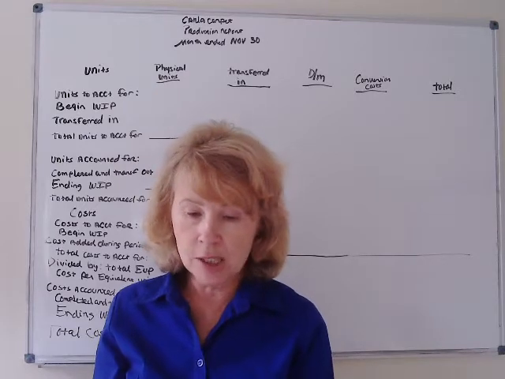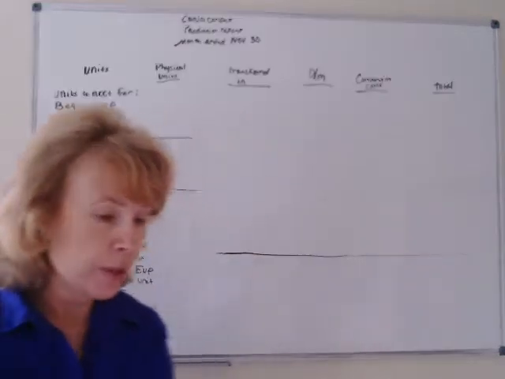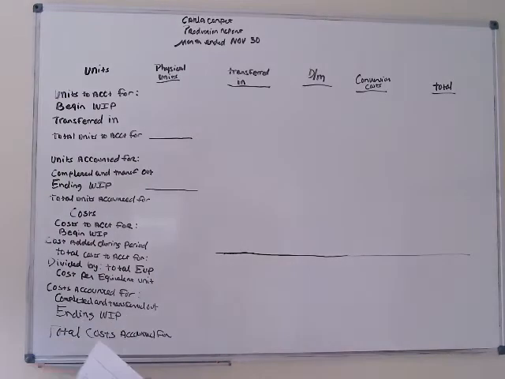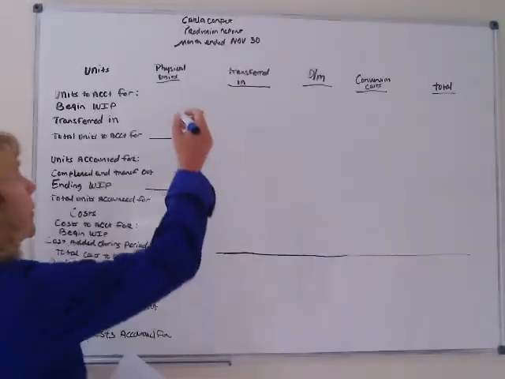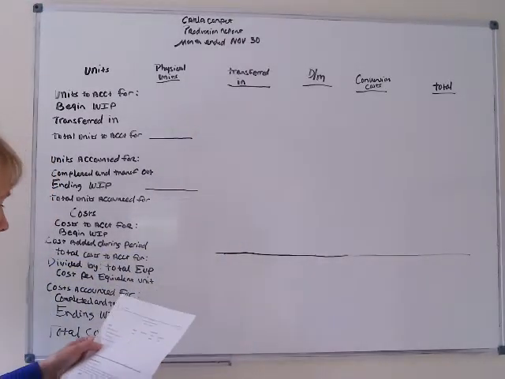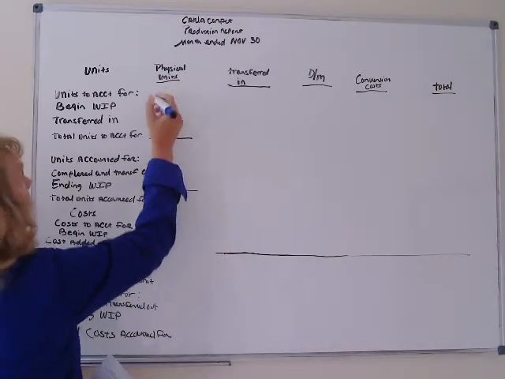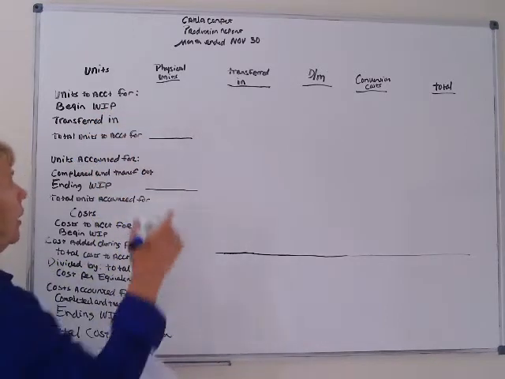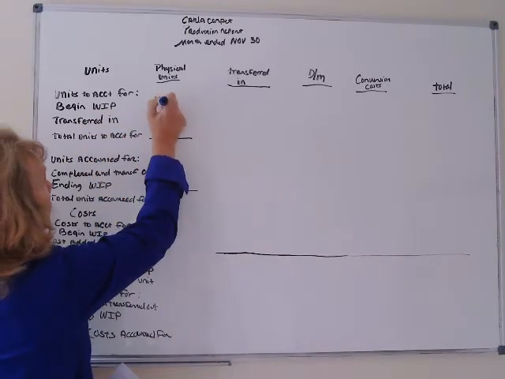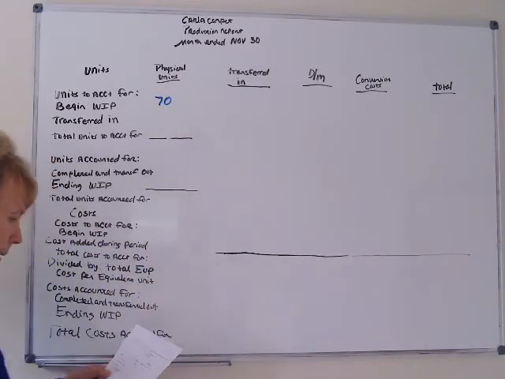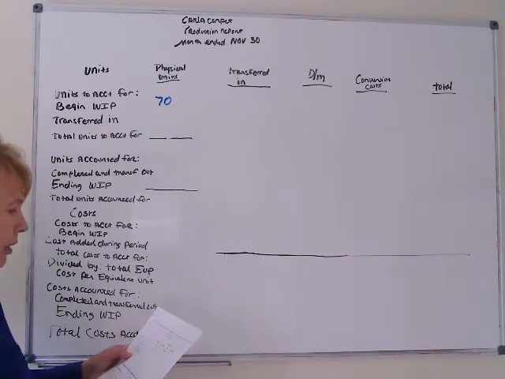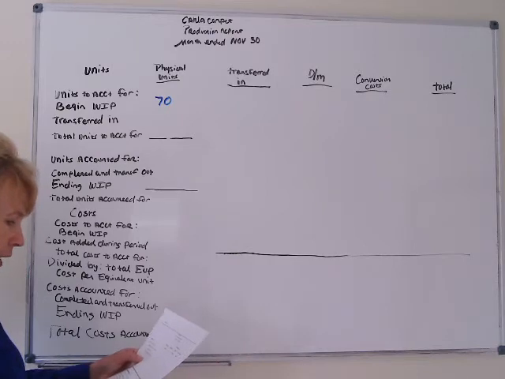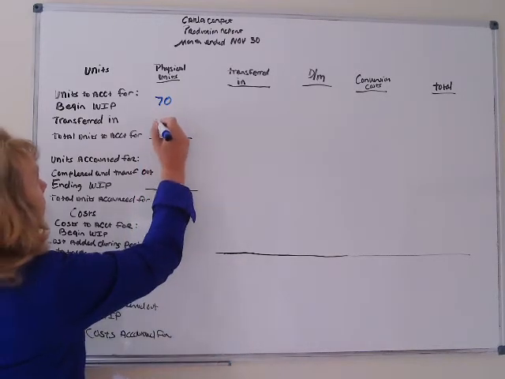Now let's put it together. Here's how we do it. We go over here, and I'm going to write this in blue so you can clearly see it. The beginning work in process, and notice I put beginning WIP. You know I abbreviate that. That stands for work in process. That is 70. The transferred in from the spinning department is 550.